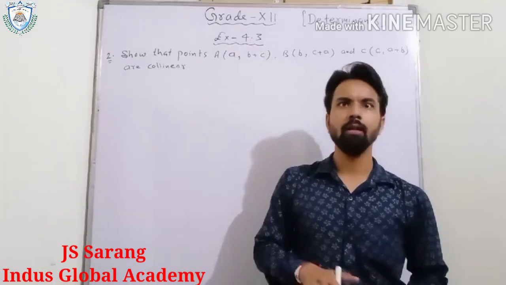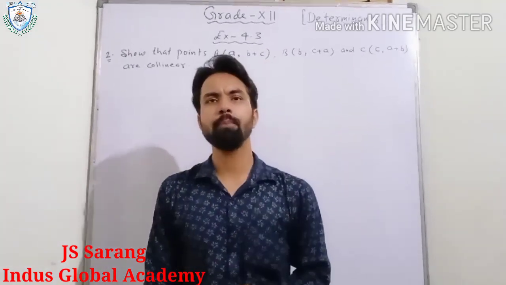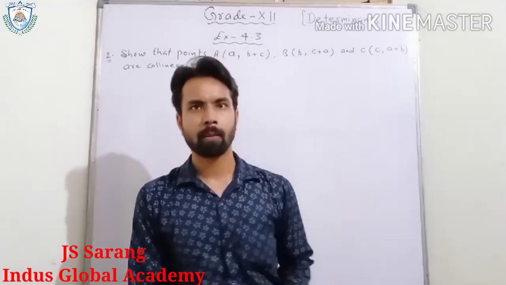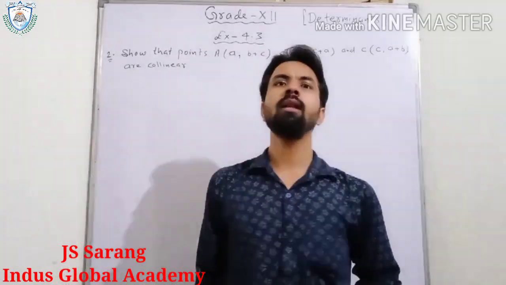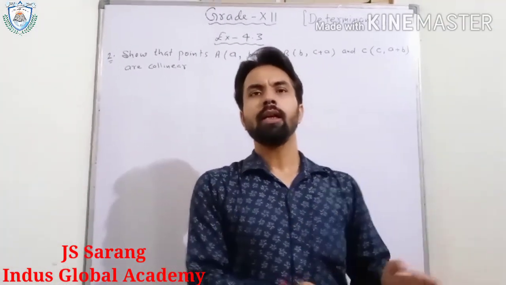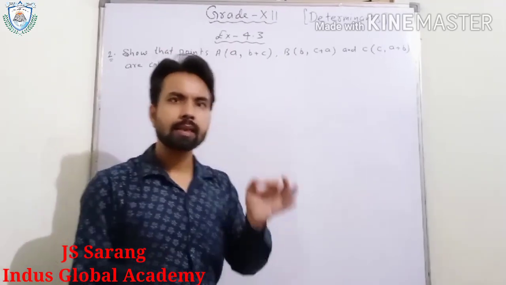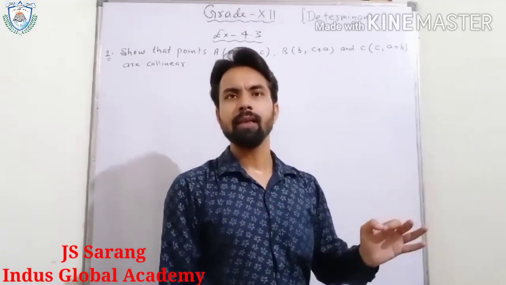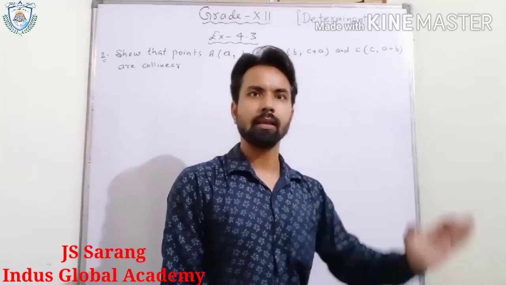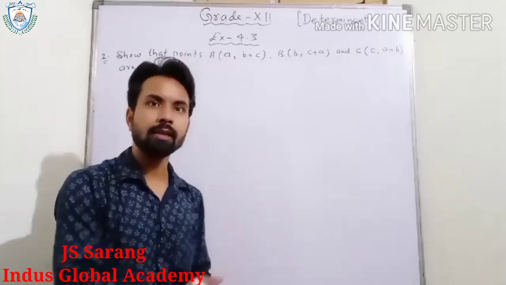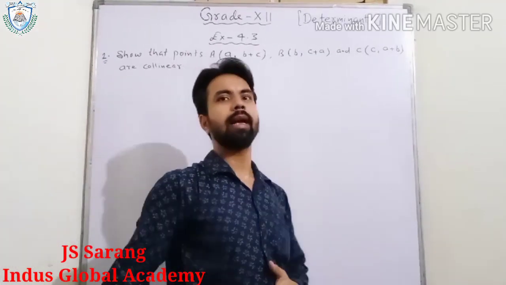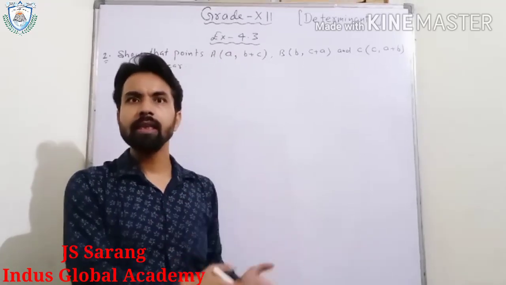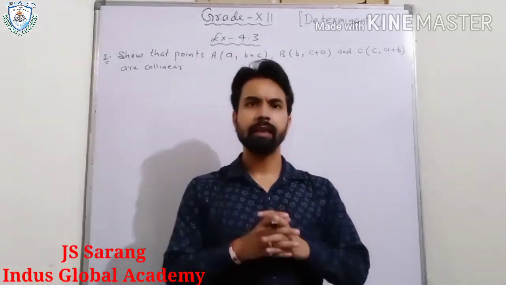So first of all, we should know the meaning of collinear points. You know very well, if all the points lie on the same straight line, they are known as collinear points.